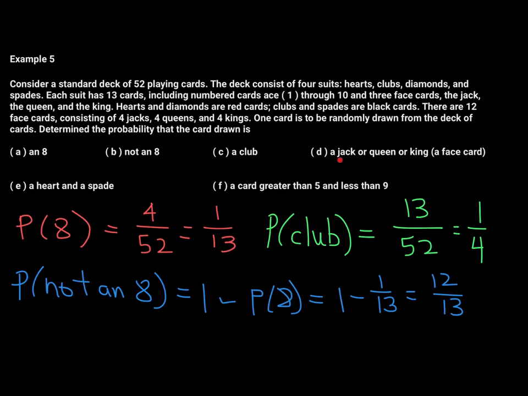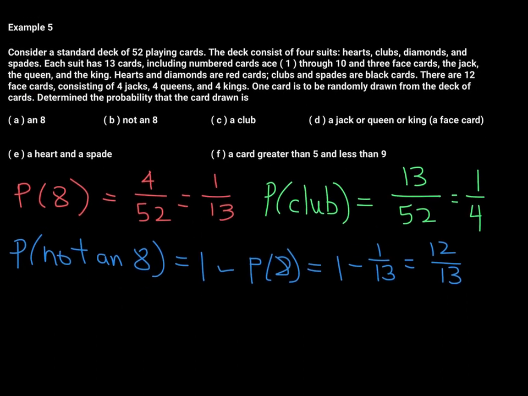All right, what about the fourth one? What's the probability that the card we choose is either a jack, a queen, or a king? Basically, one of the face cards. If you read this, there are 12 face cards altogether, folks. 12 out of how many? 52.